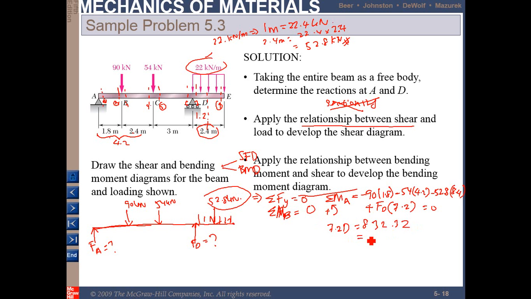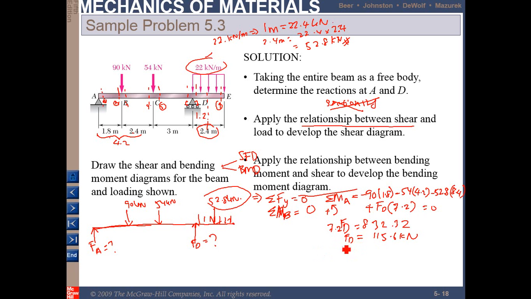So if you divide with 7.2, you get FD, this is FD, is equal to 115.6 kilonewton.